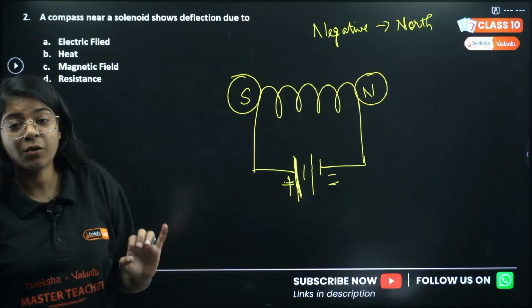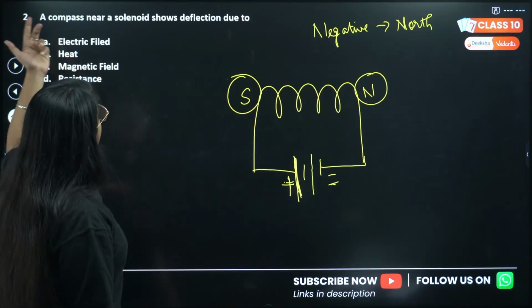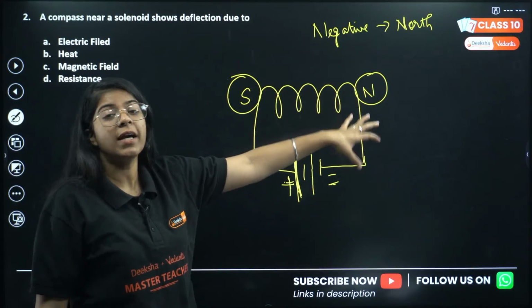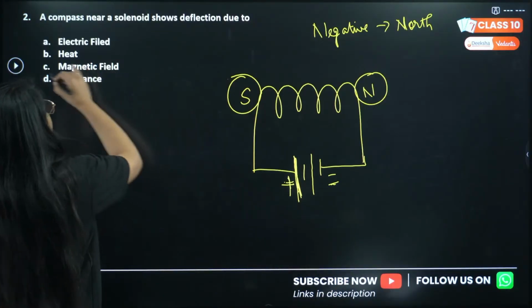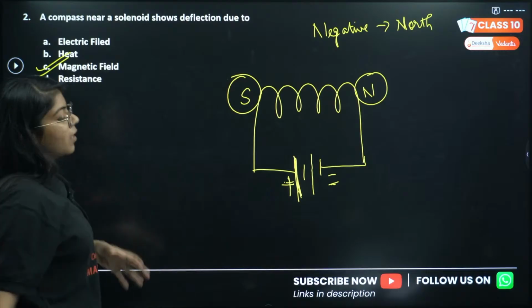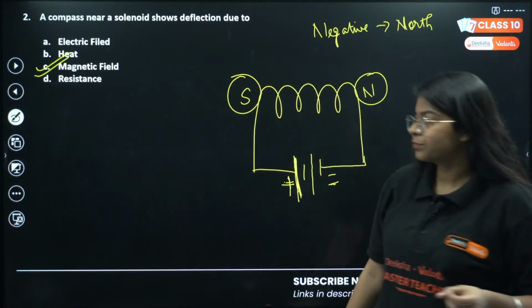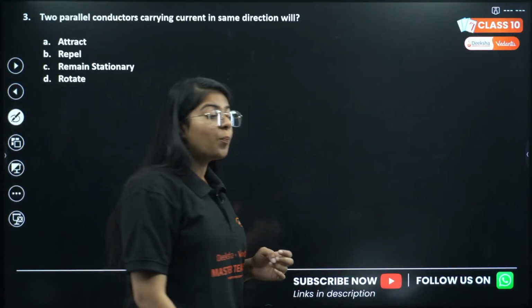This is a very easy question, but it is a PYQ. When a current flows inside a solenoid, a magnetic field is generated around it, and due to this magnetic field, my compass needle will definitely show a deflection. Correct?